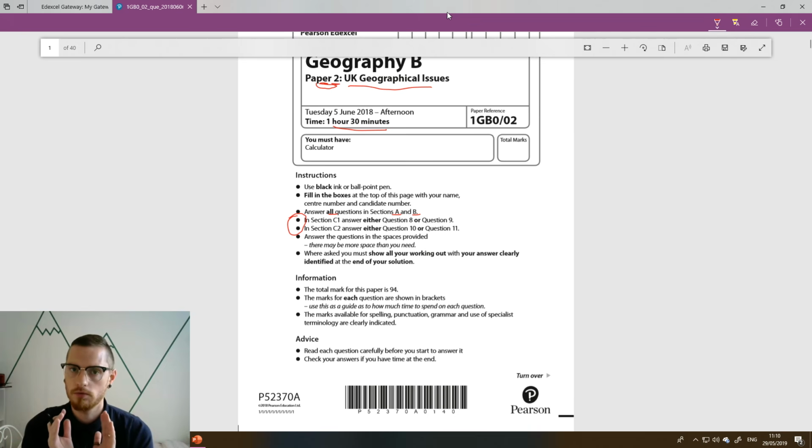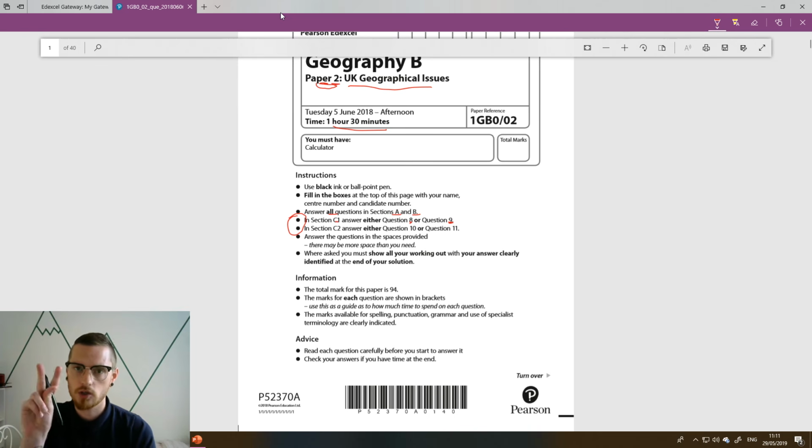You will have either gone to the coast or to a river. Now, if you went to a coast, you'll be answering question 8. My geographers, you visited a river, Coddon Mill Valley, so you are doing set question 9 in section C1.